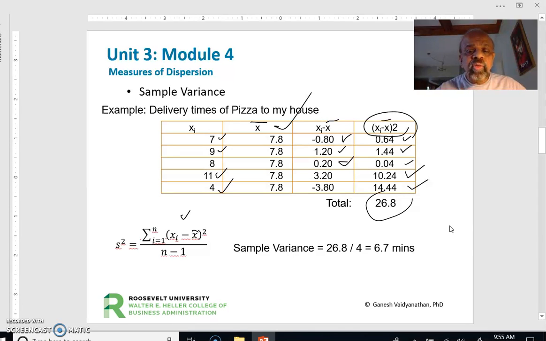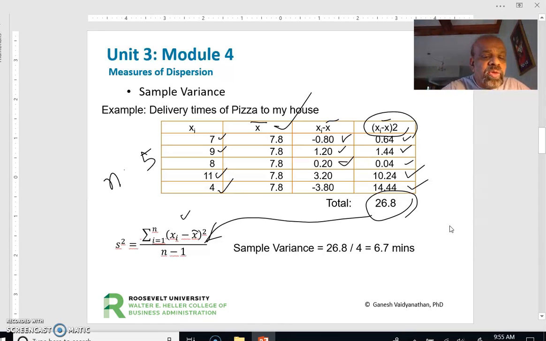The total is 26.8, and this is my value. How many times has the guy delivered pizza? 5 times. So n is equal to 5. So 5 minus 1 is 4. So 26.8 divided by 4 is 6.7 minutes. And this is my variance.